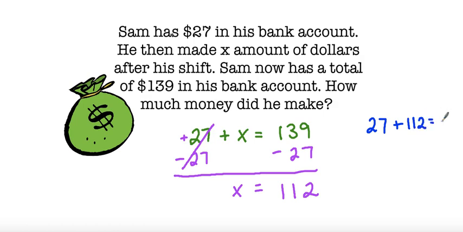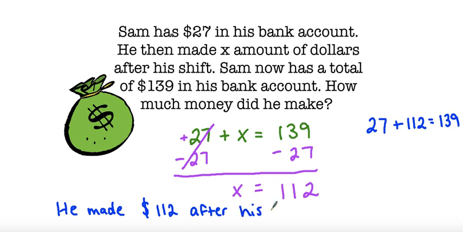And if we do add those two numbers, we get 139, which is how much money he has now. So he made $112 after his shift. And we could substitute 112 for x to make sure that we got the right answer.